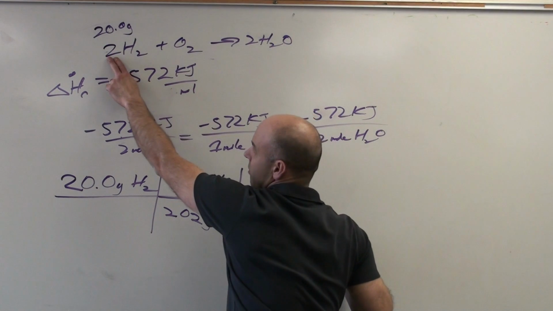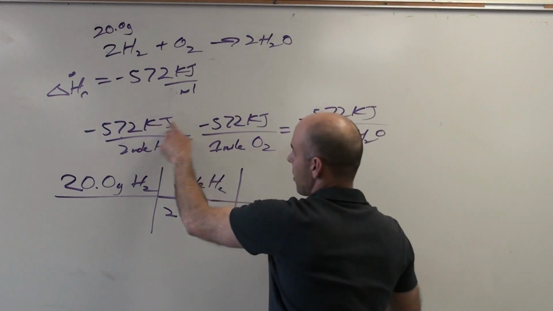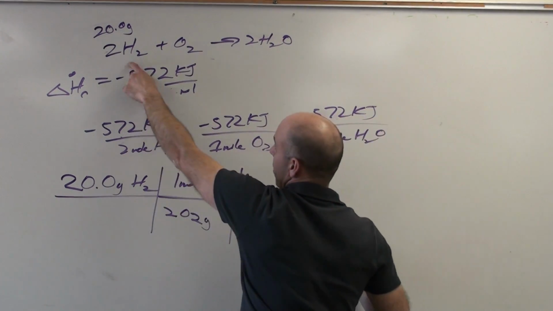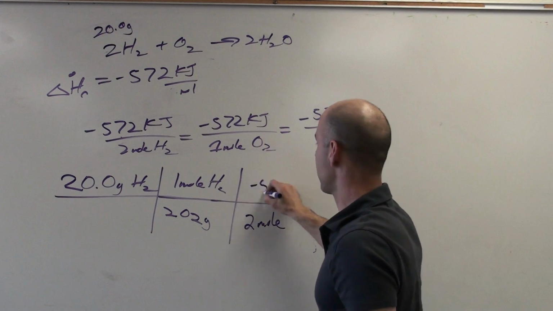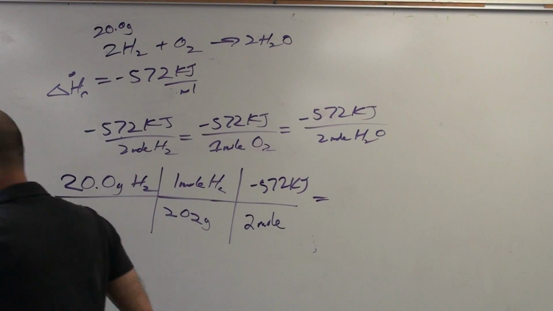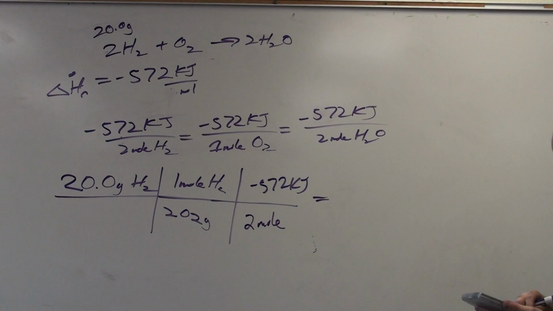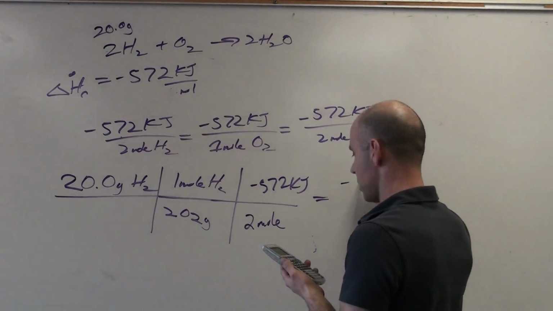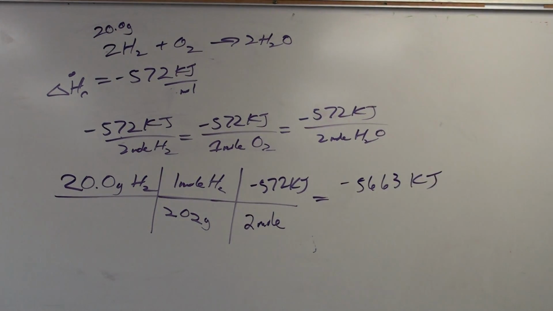For every 2 moles of hydrogen, I produce that amount of energy, because this number on top doesn't change, the per mole part on the bottom does. So for every 2 moles of hydrogen, I get negative 572 kilojoules. And so if I had 20 grams of hydrogen, this is the amount of heat released: 5,636 kilojoules.